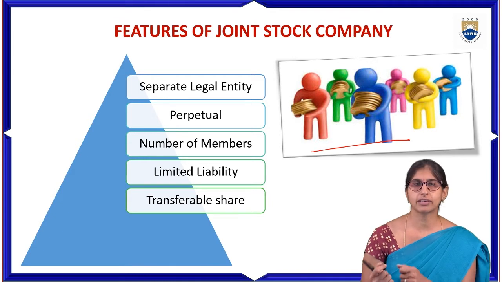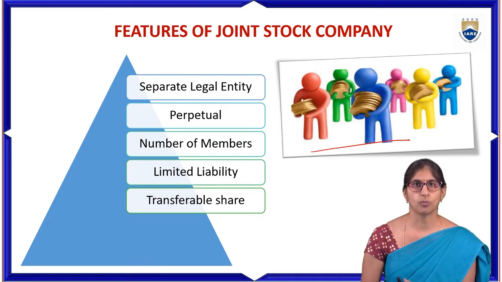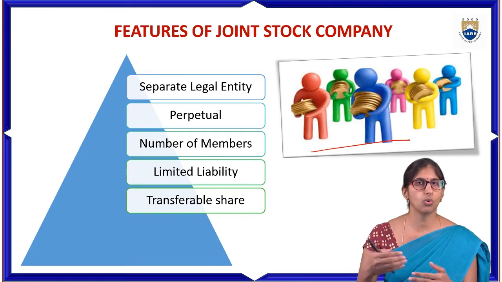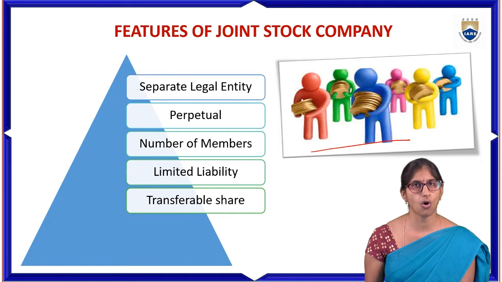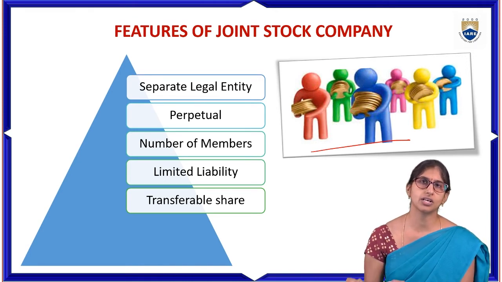They have the right to vote for the board of directors and elect a CEO. Any shareholder who has invested in this joint stock company can easily transfer their shares to somebody else. If they want to sell their shares, they can do it with just one click in a demat account.